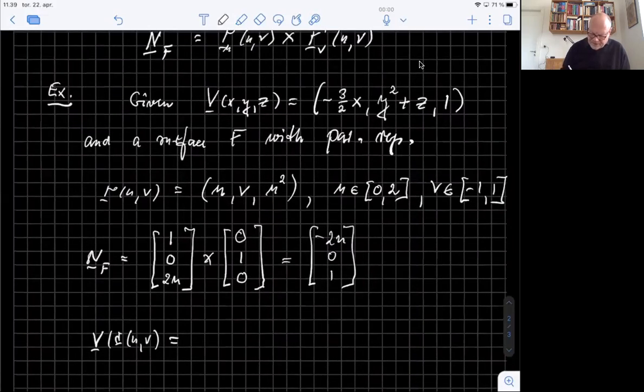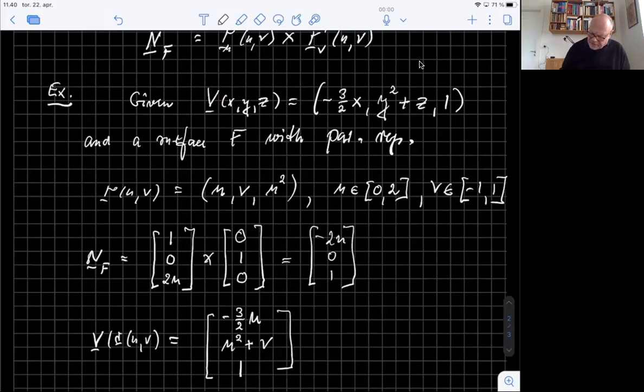And instead of x, you have to write u, so you get -3/2 of u, and then you get u squared plus v, and then finally you get a 1 in this vector field.